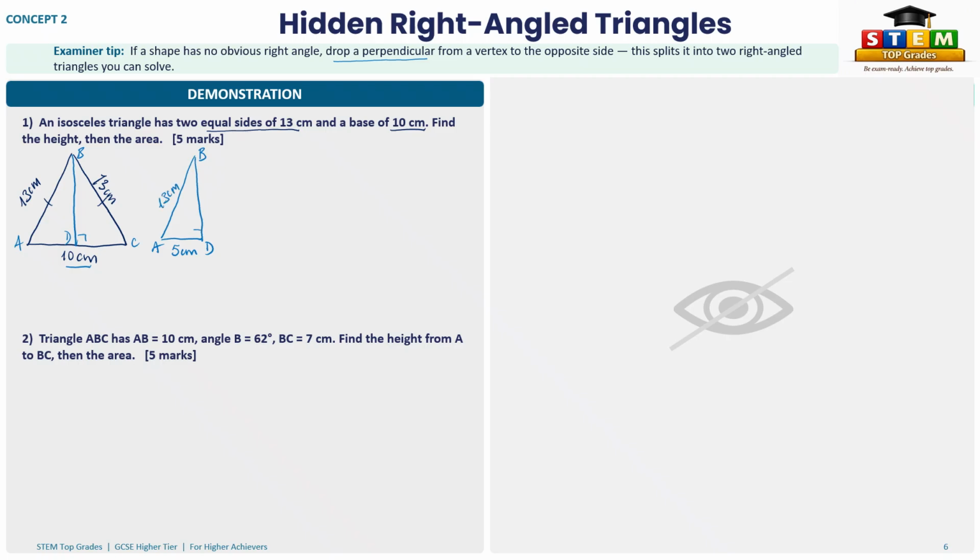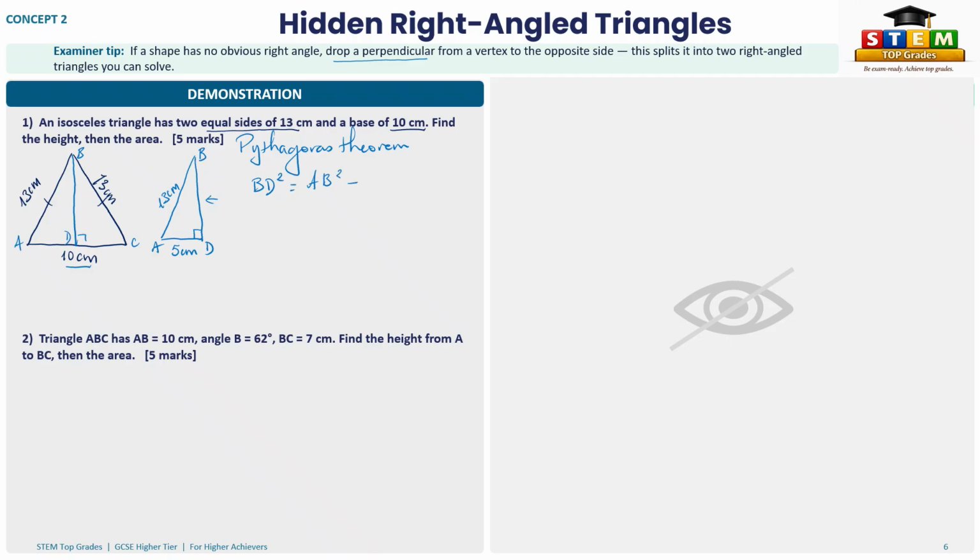What we're looking for is the height BD. So using Pythagoras theorem, BD is one of the shorter sides, so in that case you got to be careful. So AB squared is the hypotenuse.